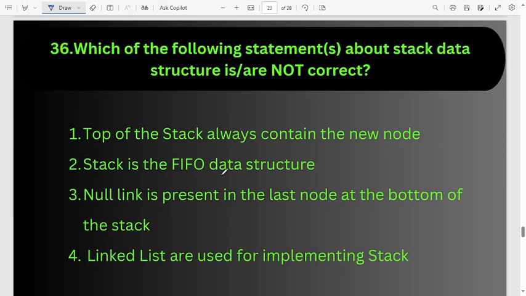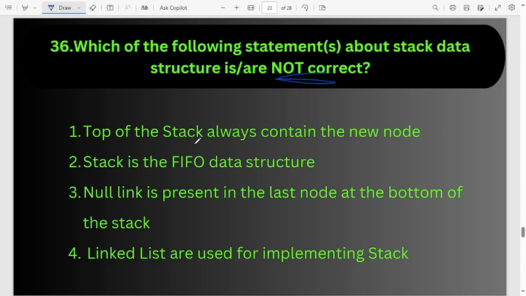Next question is, which of the following statements about a stack data structure is not correct? Top of the stack always contains the new node. This is right. Stack is the FIFO data structure. Null link is present in the last node at the bottom of the stack. Sorry, this is wrong.